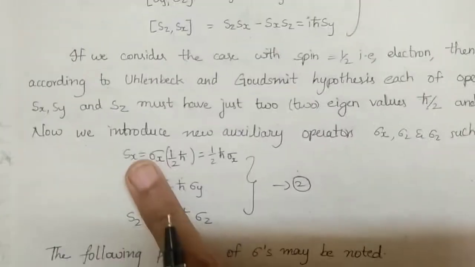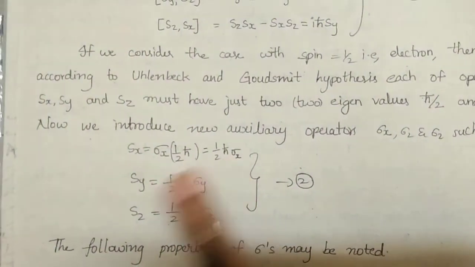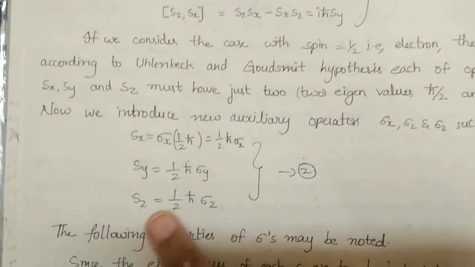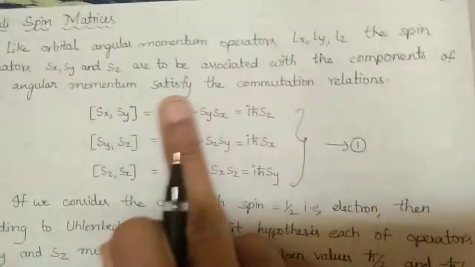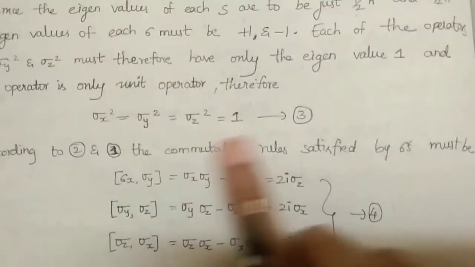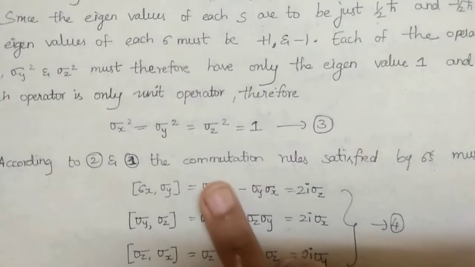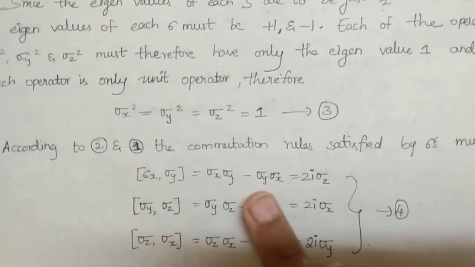So what we have to do is, in the place of Sx, we substitute half h cut sigma x, Sy half h cut sigma y, Sz half h cut sigma z in these equations. So if we do so, and simplify, finally we will get this equation.